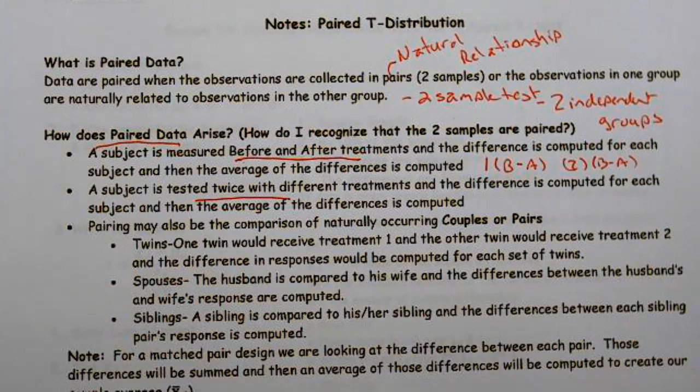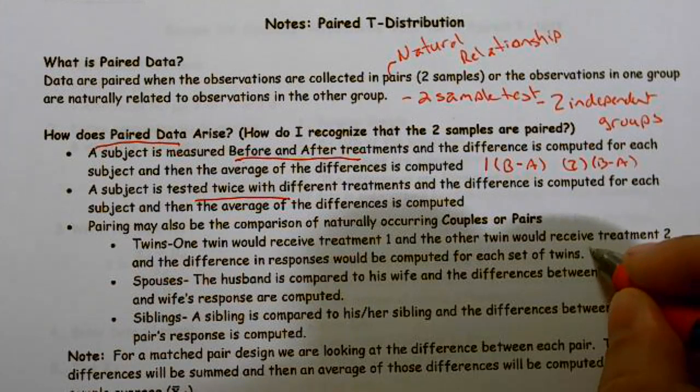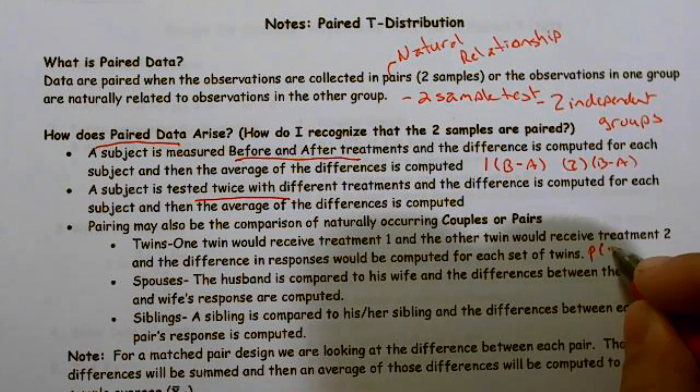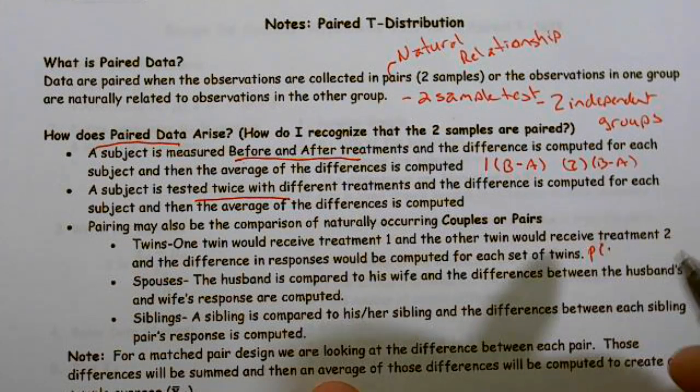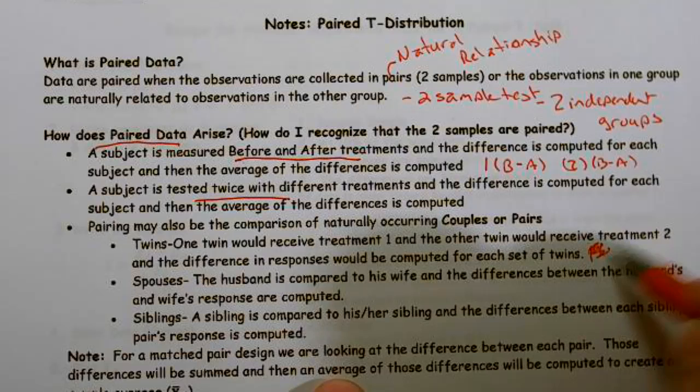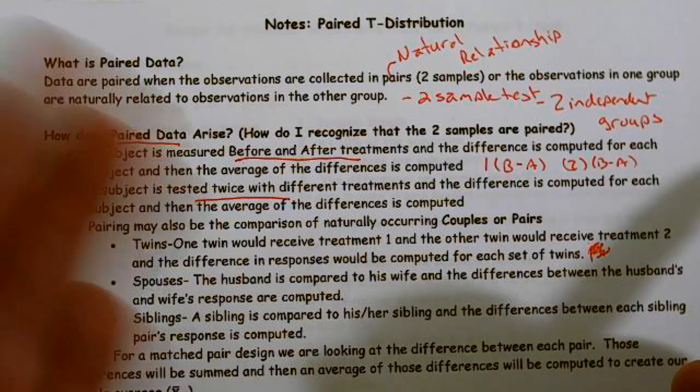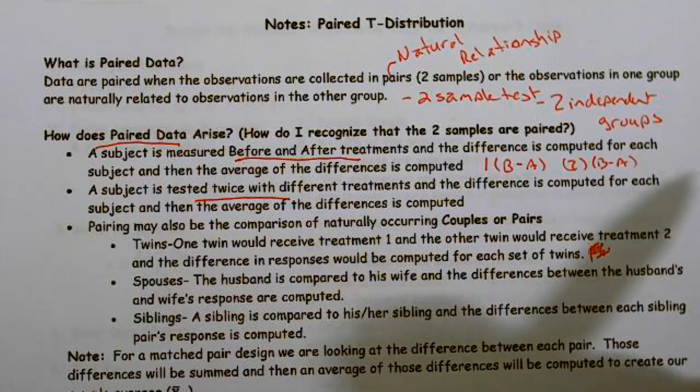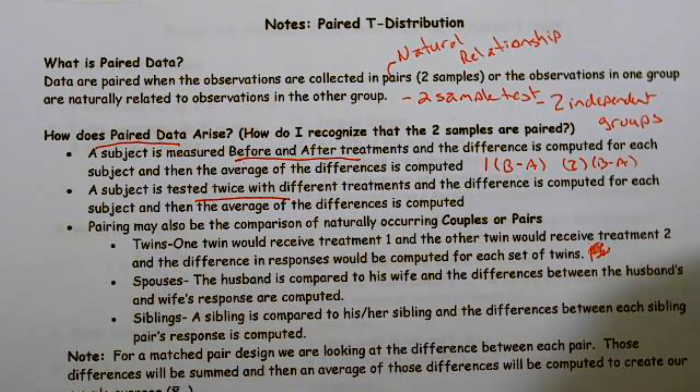And then we take pair one, and we'd have the one person minus the other person. So you'd subtract the differences between the siblings. All right. Sibling A had this many mosquito bites, and sibling B had this many bites, and we'd subtract the difference.